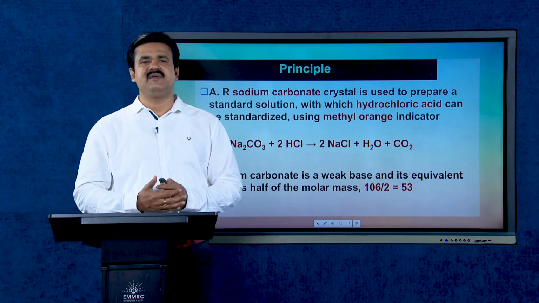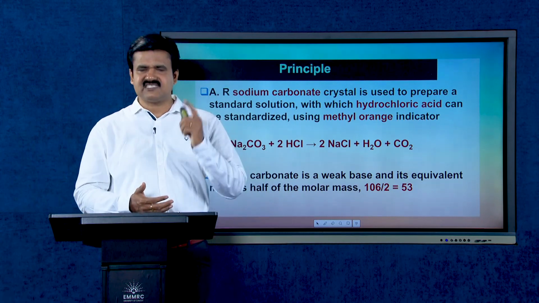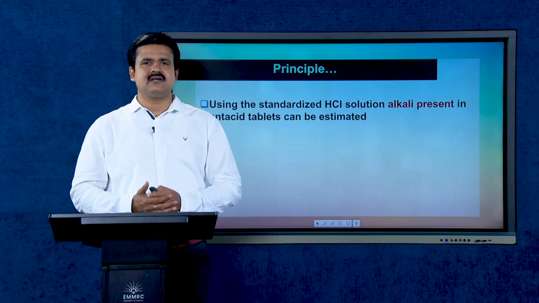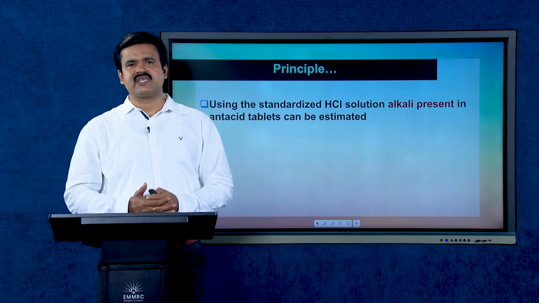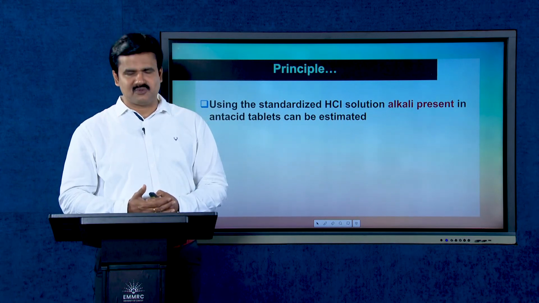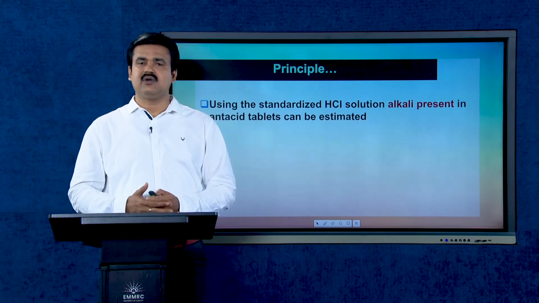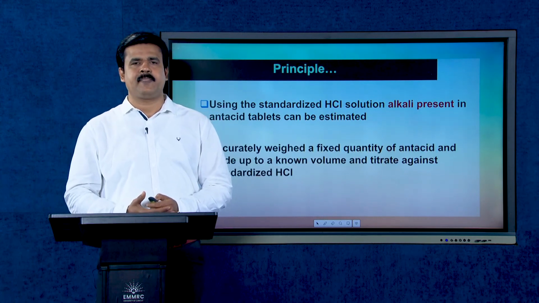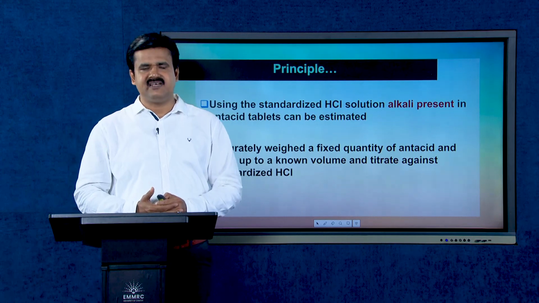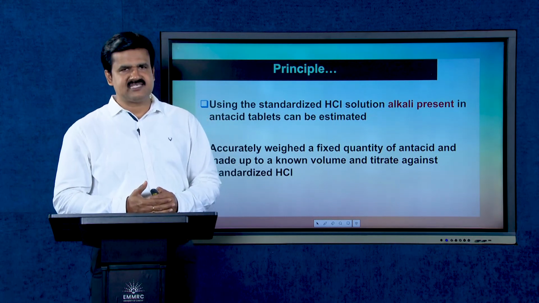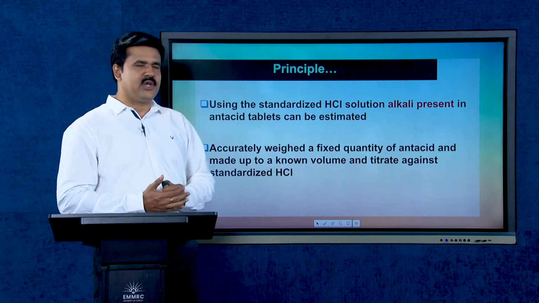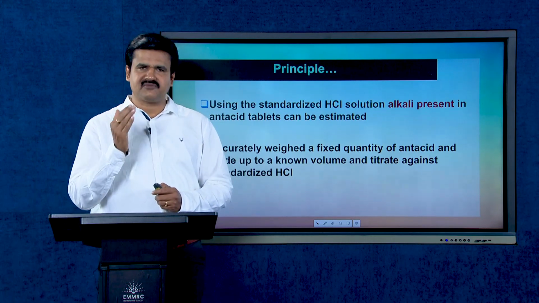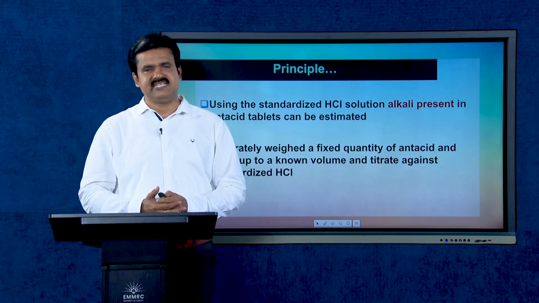The molar mass is 106, divided by 2, that is equal to 53. And using the standardized hydrochloric acid solution, the total alkali present in antacid tablets can be estimated. A fixed quantity of antacid is accurately weighed and made up to a known volume, and a fixed quantity of that is titrated with standardized HCl.